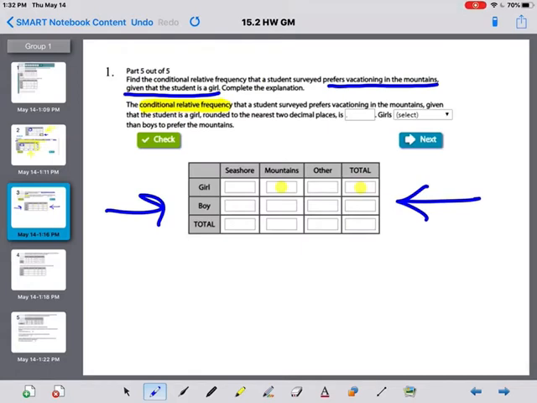In order to answer this question, we want to take the number of girls who prefer going to the mountains and divide it by the total number of girls. Okay, that's how you're going to get the conditional relative frequency. And again, just make sure that you're keeping it as a decimal and you're rounding it to 2 decimal places. All right, so that should take care of number 1.